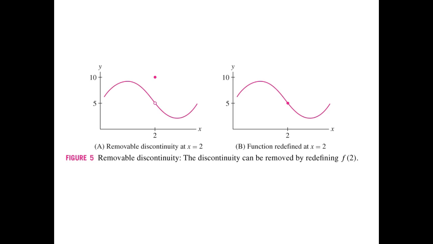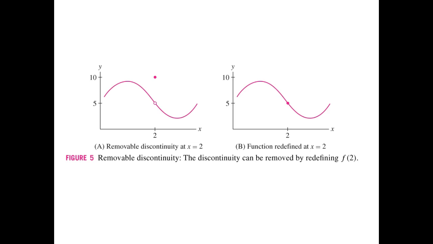Redefine it at the one point, redefine it as 5, and that makes it a continuous function. So that's what we call a removable discontinuity. If you redefine f of 2 to be 5 rather than 10, then it fits the curve perfectly.